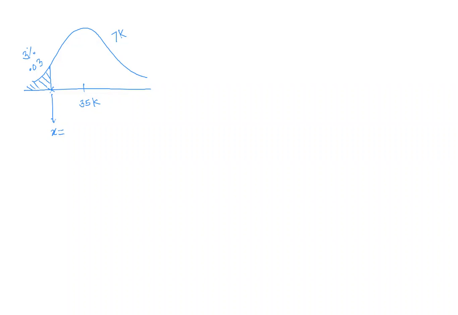So let's go ahead and do the standard normal distribution, which has a mean of 0, standard deviation of 1. We go back and forth between these two using the formula z is equal to x minus mu over sigma, or z is equal to x minus x bar divided by sample standard deviation s.